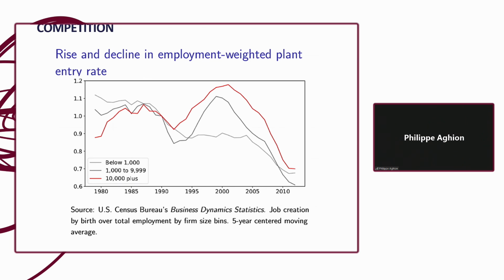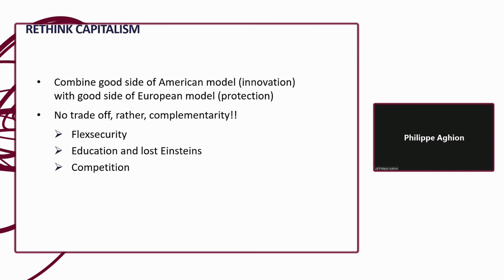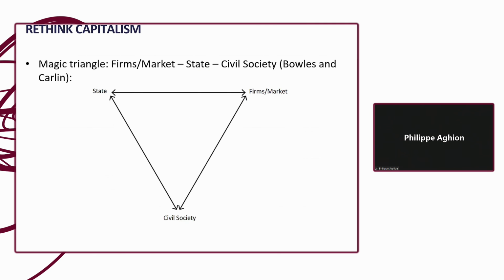So if you spur entrant innovation, not only do you make the economy more innovative, but also more inclusive, because you boost social mobility. And when you boost social mobility, you tend to reduce inequality. So it's very interesting that those three policies, flexicurity, education, and competition, make you both more innovative and more protective and inclusive. So now I go back to my initial statement.